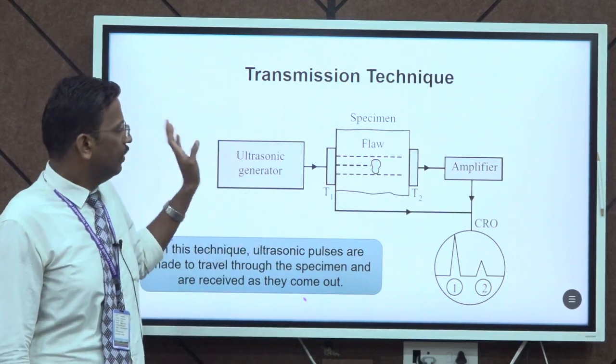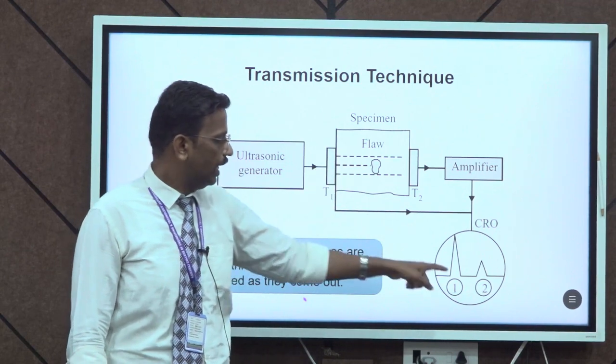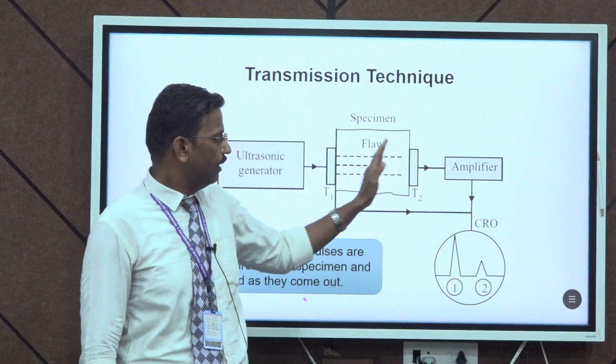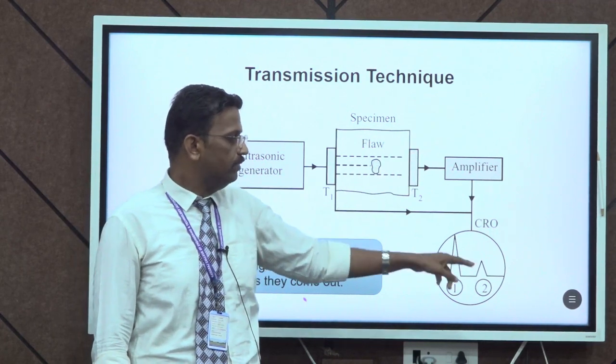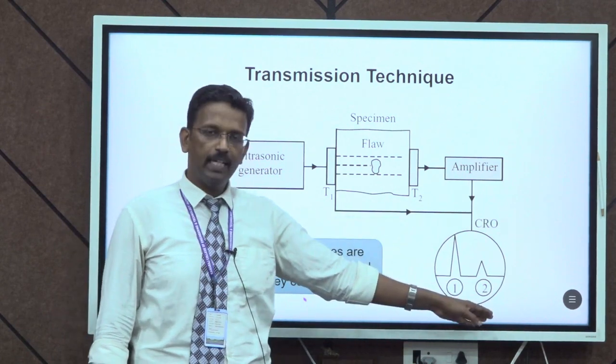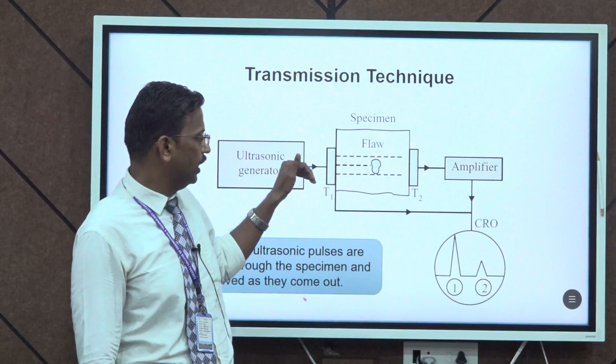Initially we will get a signal at the entry of the specimen. After that, when we receive reduced intensity on the opposite side of the transducer, it means that some kind of flaw is present in that area.